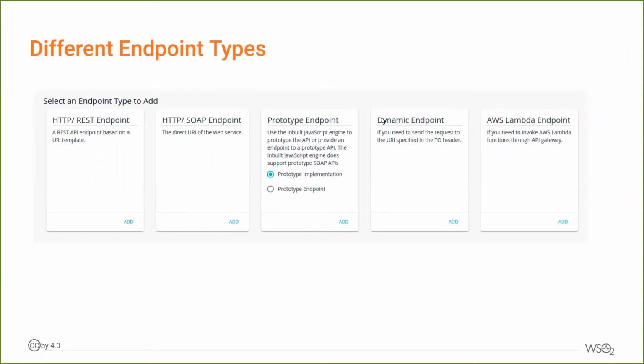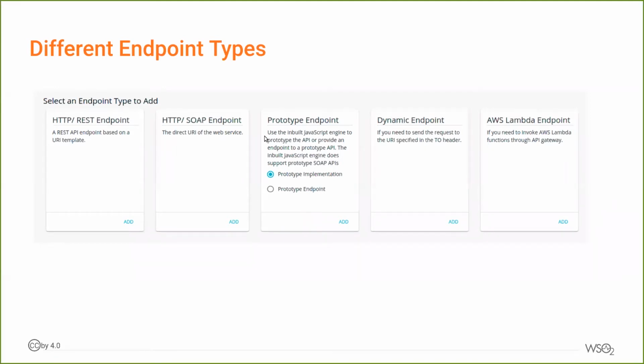And by using the dynamic endpoint type, requests can be dynamically routed to different endpoint addresses based on a specific condition, like some request parameters, payloads, etc. When using the dynamic endpoint type, you have to provide a mediation sequence.